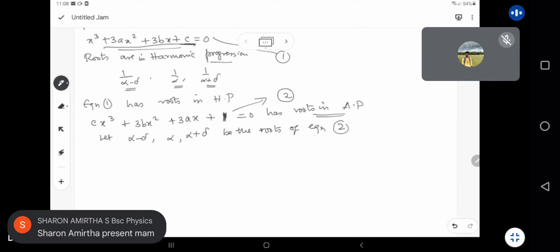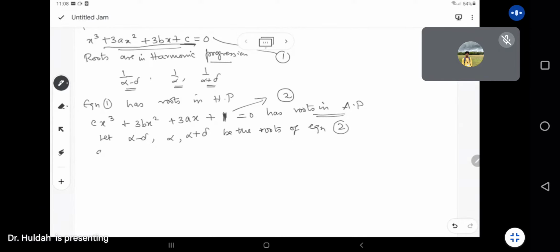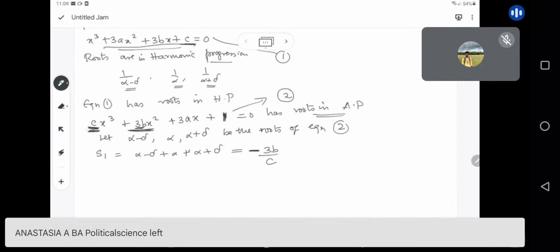Now, when these three roots are the roots of equation 2, we can write S1. From the equation, S1 is minus 3b by c. I hope you understand: minus is in the formula that we write, and the highest coefficient should always be 1, so I divide by c, giving 3b by c.